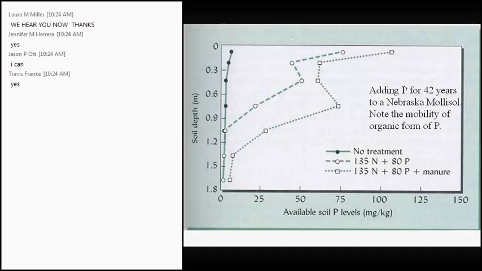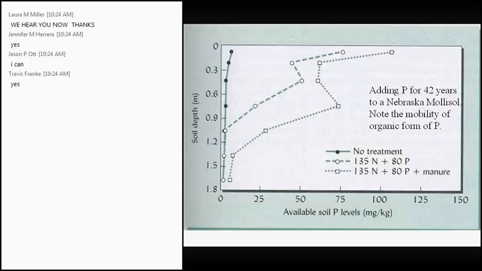We have to get down to about 0.75 meters before we really start to drop off. So we've had some downward movement of phosphorus, all the way down to right at 1 meter, where we've applied inorganic phosphorus over a 42-year period.